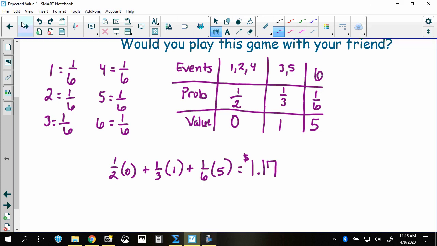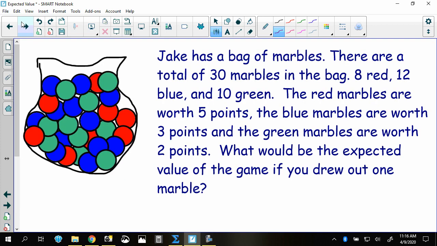Okay, so let's look at the next slide about expected value. Another game: Jake has a bag of marbles. There are a total of 30 marbles in the bag, 8 red, 12 blue, and 10 green. The red marbles are worth 5 points. So there are 8 red in the bag, and they're worth 5 points.